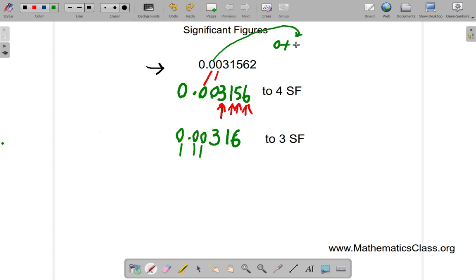It represents 0/10. The digit to the right of the decimal point represents how many tenths you have. It's 0/10 plus this 0 is showing 0/100th. Alright, plus this 3 is telling us that you have 3.